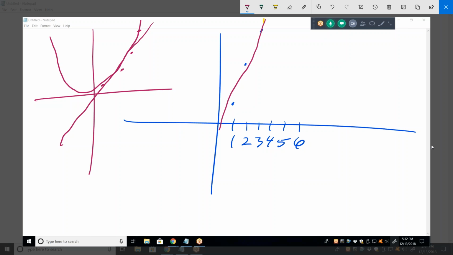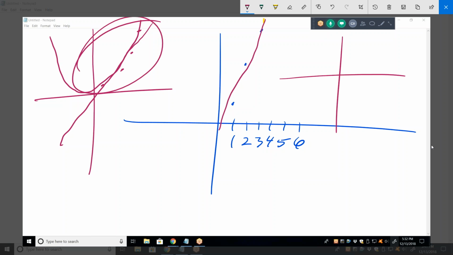Let's see. It could definitely be quadratic. It could look like that. Cubic would look something like this. So it could also be that. So, okay, here's what you have to do. First of all, you have to determine whether we're looking at a cubic or a quadratic. Pretty sure that it's one of them. Pretty sure it's cubic.